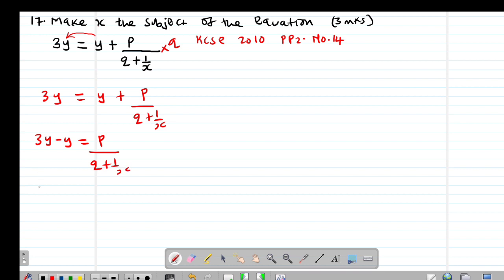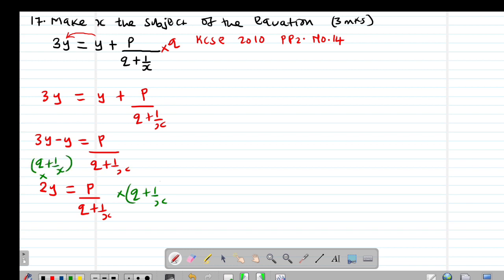So this one would remain: 2y being equal to p divided by q plus 1 over x. Then I'll multiply through by the LCM, which is simply q plus 1 over x. I also multiply this side with the LCM, so multiplied by q plus 1 over x.